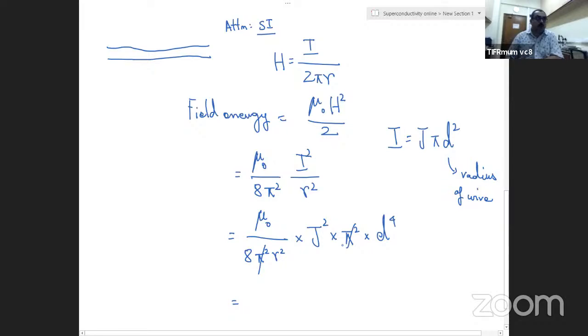Pi square cancels. So therefore the magnetic field energy is mu0 J square by 8 into d square. Sorry, not by d square.